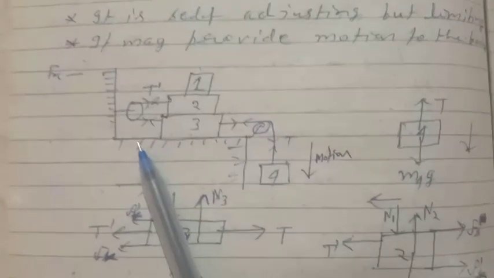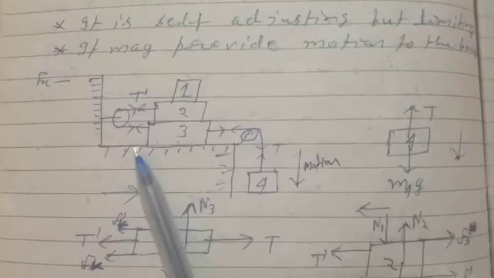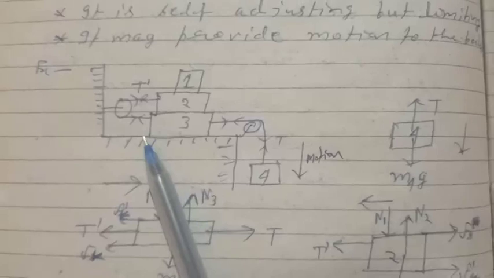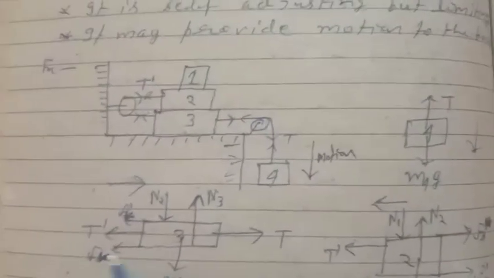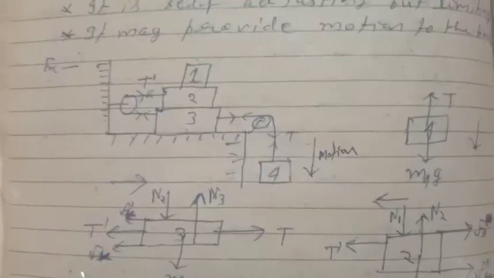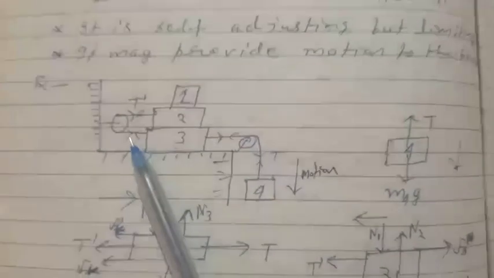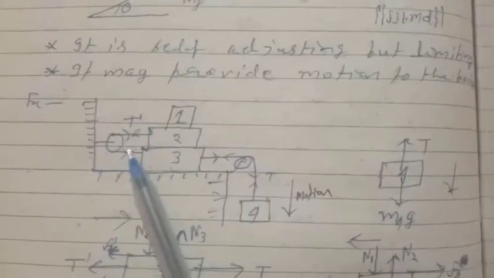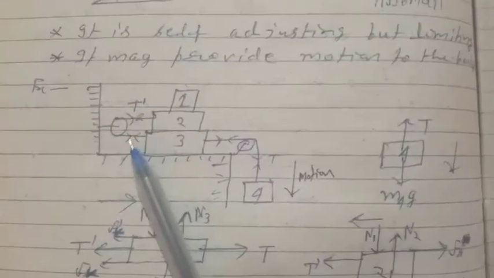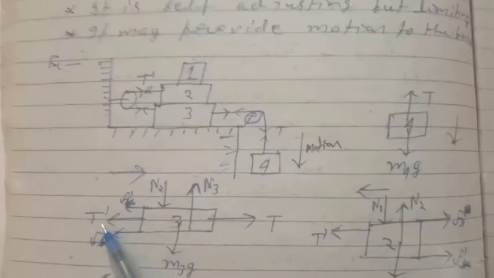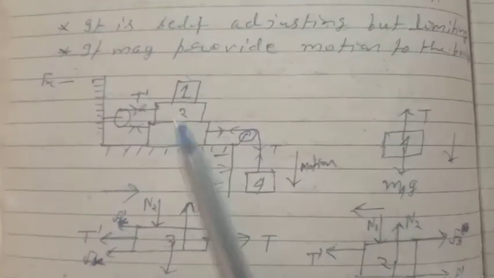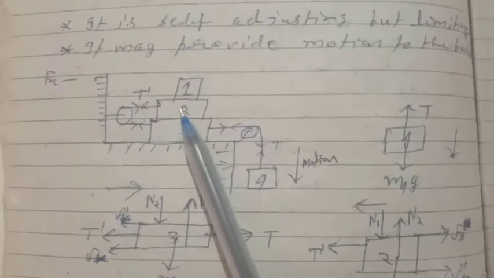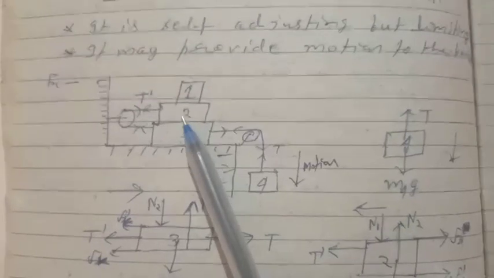Because the body is moving, there is no static friction here; it is kinetic. The friction force will be called kinetic friction and represented by Fk. Also, another tension will act on the body, because it is also connected with another string. So here the tension is T dash. Again, if this body is moving, a frictional force will arise here also.